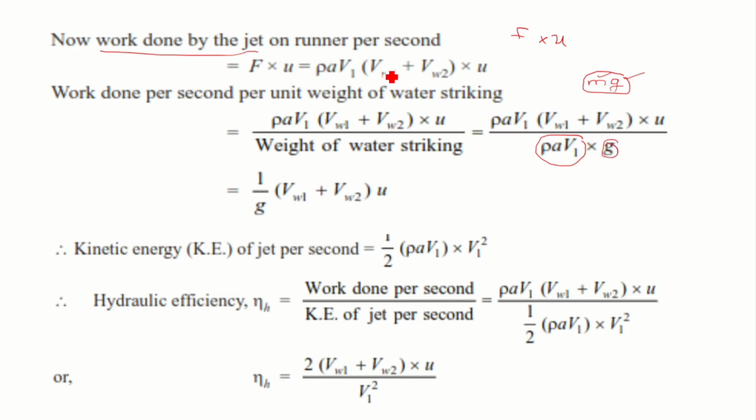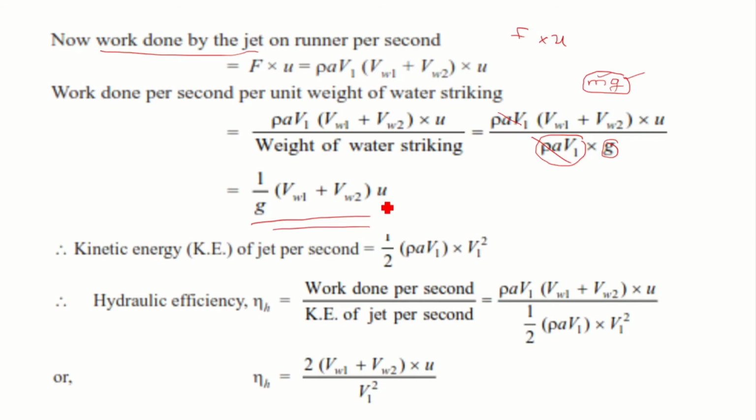Dividing the work done term by m into g gives the work done per second per unit weight of water striking the plate. Cancelling the common terms, the final equation becomes 1 by g into (Vw1 plus Vw2) into U.